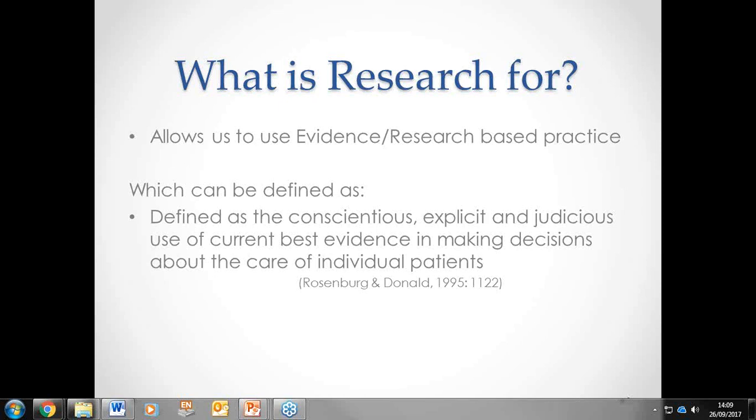If I'm talking about evidence, I'm talking about something considerably broader. So research can be defined as the conscientious, explicit and judicious use of the best evidence. So we might be using research to inform what we're doing out in practice. We might be using it to give us that evidence to make decisions about patient care. But it's not necessarily the same thing.